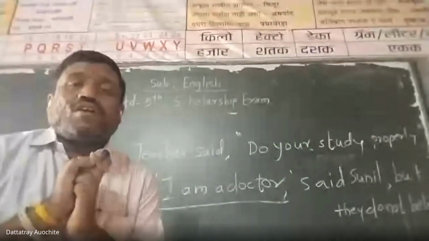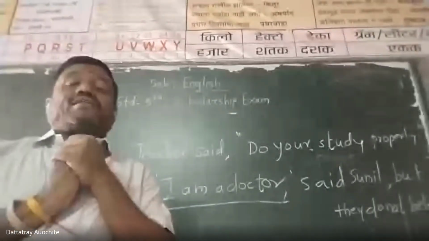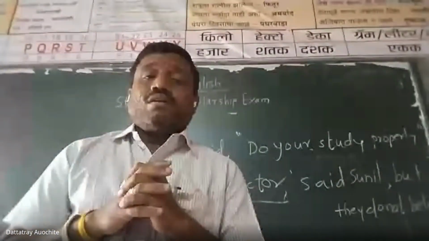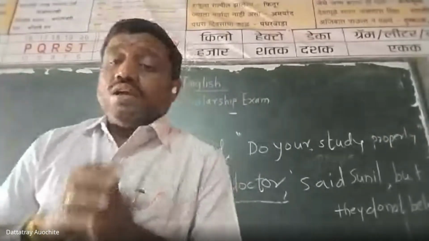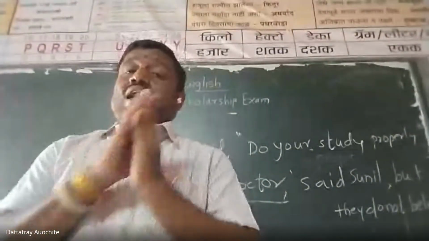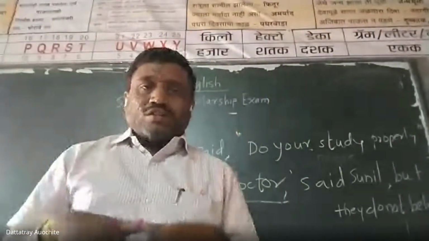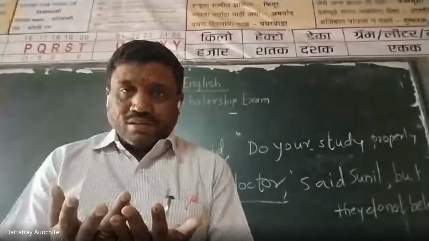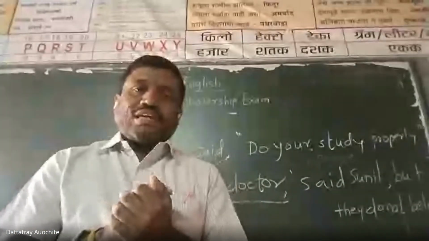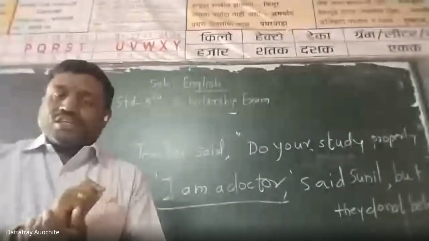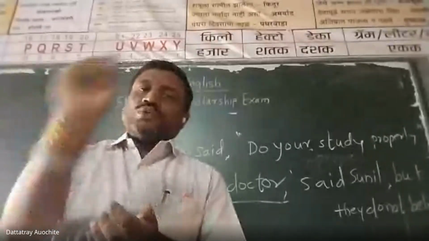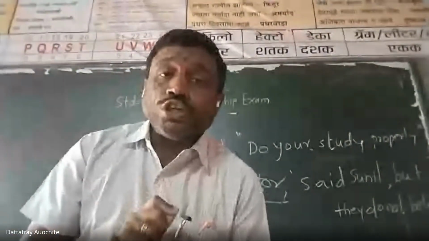Then the third punctuation mark for our study is the question mark, and we know we use a question mark at the end of a question. If we want to ask any question in writing, then after completion of the question, we should add a question mark.